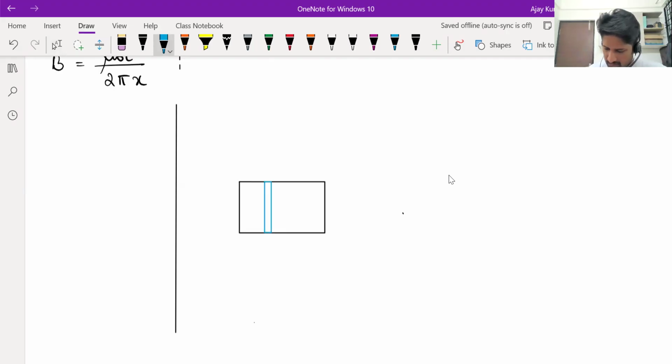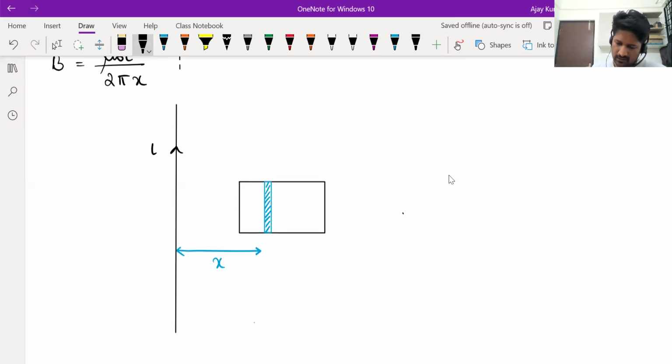Okay. Assume this distance is x. Now you consider a rectangular strip like this. Why did I take a rectangular strip? Because once you fix the distance x parallel to the wire, you can take any number of points, and they'll all be under the same amount of magnetic field. So I'm taking all those points which are equidistant from the wire.